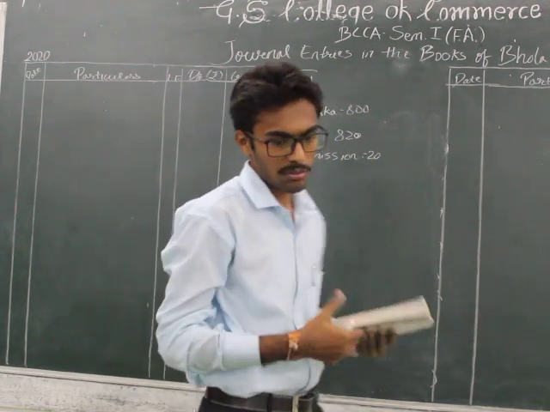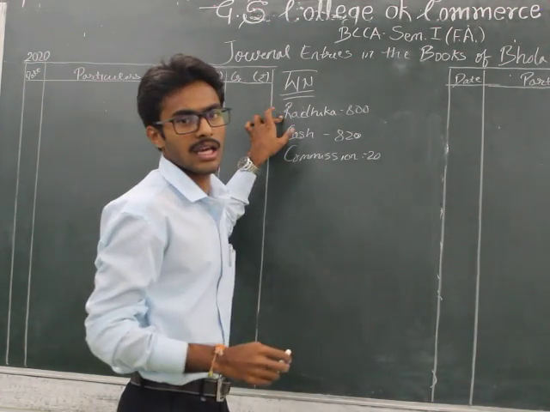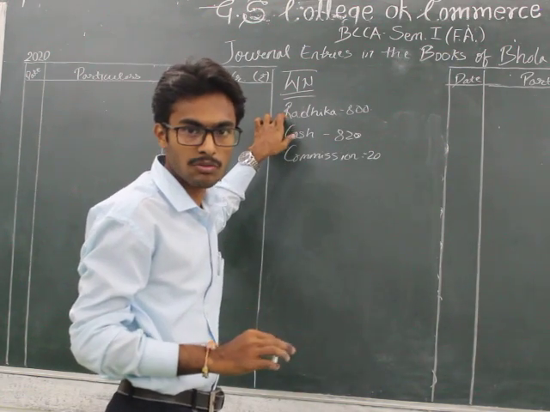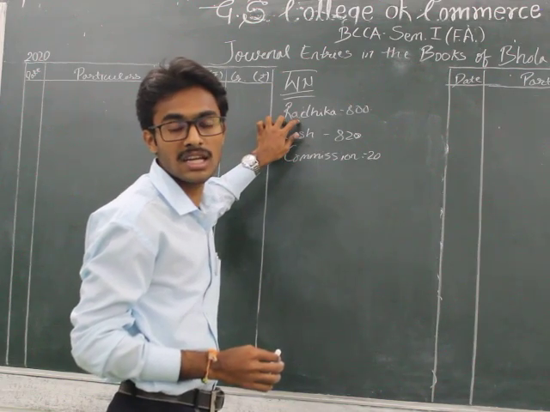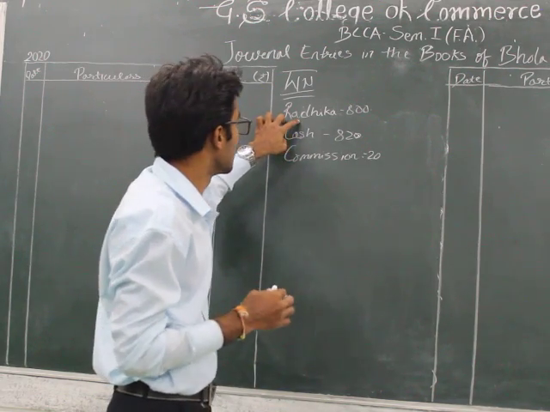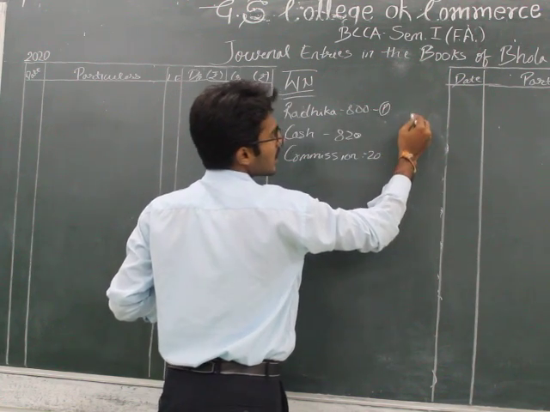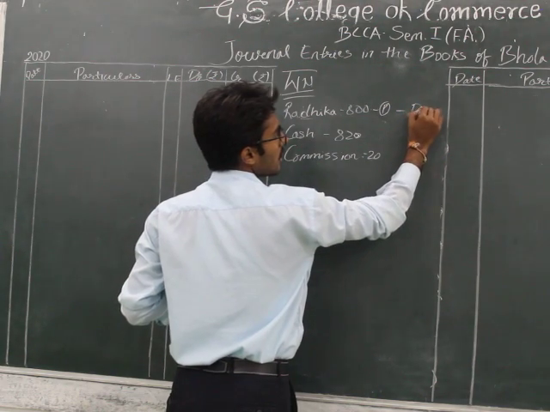Now, how can we make journal entries for this? Journal entry for this: Radhika is a person. Person is a personal account. Personal account says debit the receiver, credit the giver. So here Radhika is receiving money. So this one is a personal account and Radhika is a receiver. That's why she will be debited.